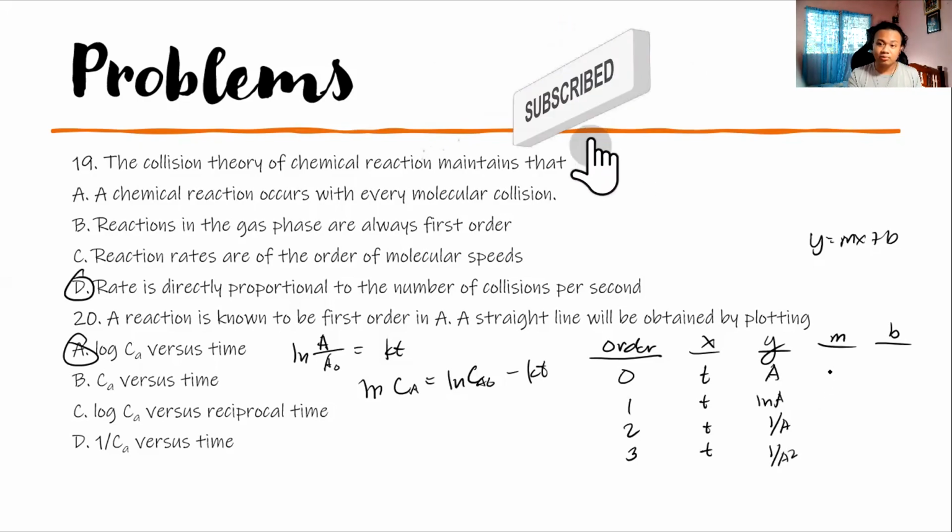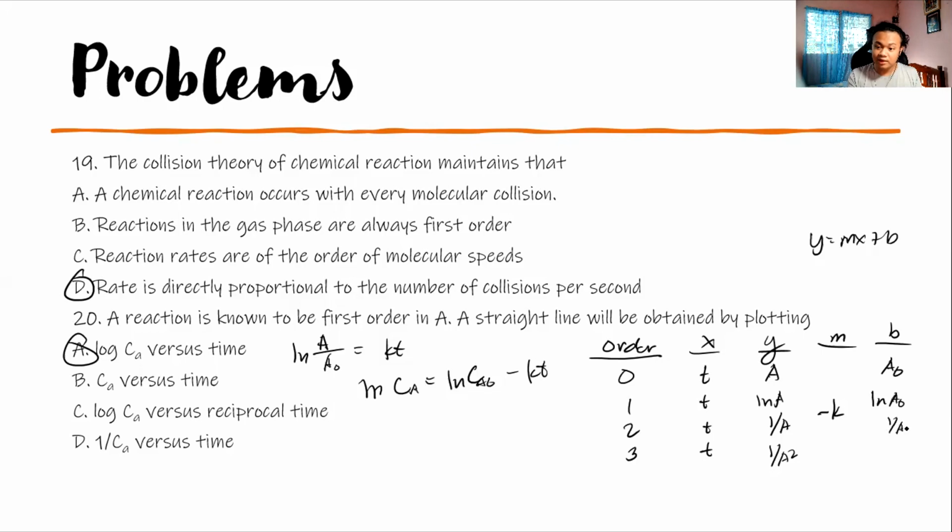Okay, so what is the slope there? The slope is negative k for all. So what about the y-intercept? You have A0, ln A0, 1 over A0, and then 1 over A0 squared. So that's what Sir Lowen wants us to memorize. Okay, so you have to memorize that.